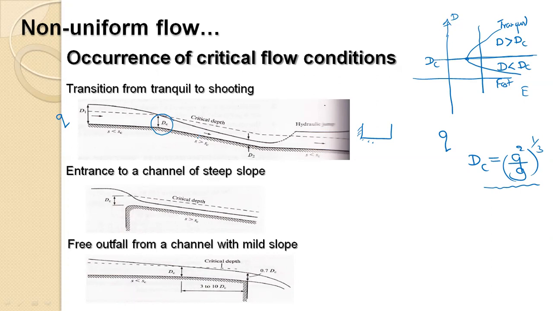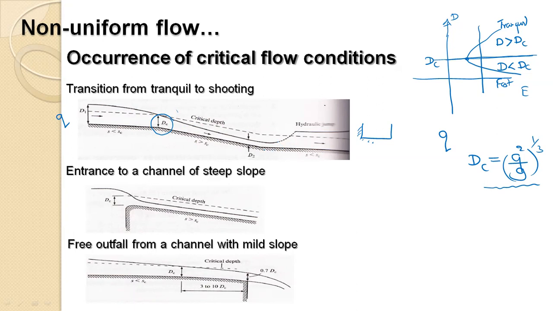That would lead to lower water depths, and that water depth can even go below the critical water depth, just like you find here. So here you will find that the water level crosses the critical water depth. Critical water depth is a kind of virtual quantity here, and you will see that the water level crosses the critical depth. So here what you find is a critical condition.